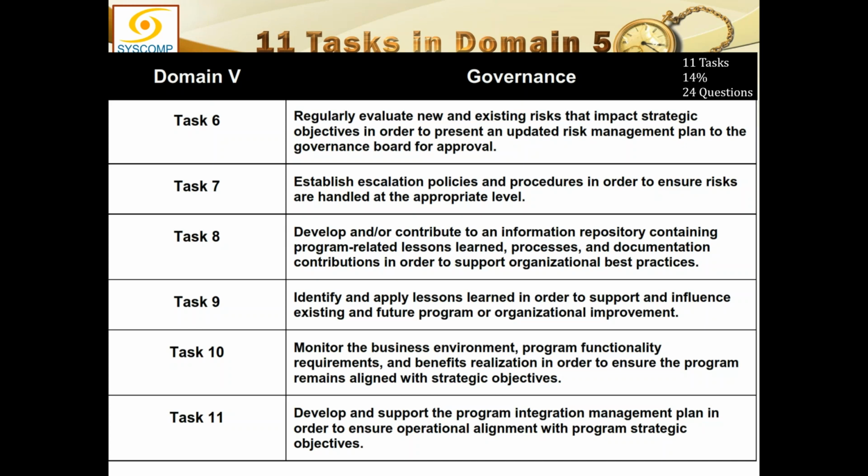Task number 7 is establish escalation policies and procedures in order to ensure risks are handled at the appropriate level. There are two things. Number one is the risk escalation, and number two is the issue escalation. Risk is an uncertain event which has a likelihood of happening, right?